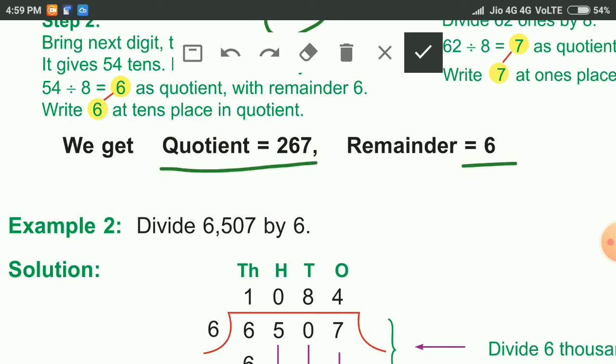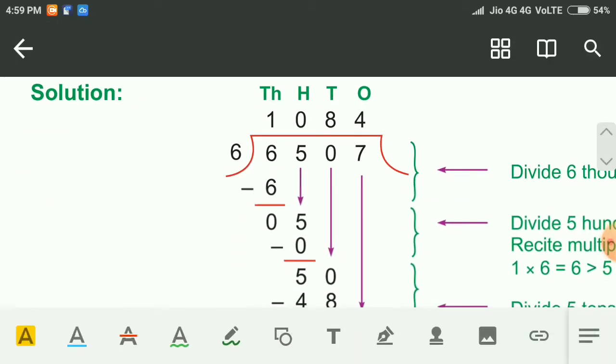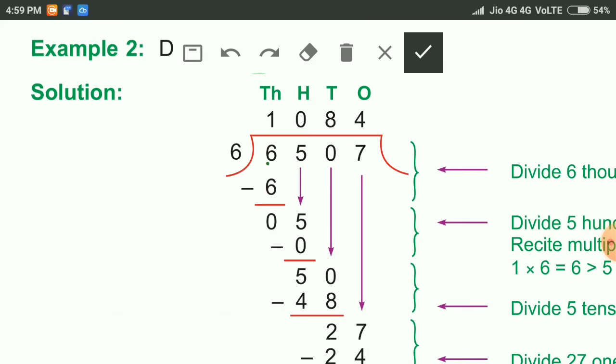Then we divide 6507 by 6. We write like this: 6507 and we divide it by 6. 6 1 6 and we get 0. We write here 5. We can't divide 5 by 6, so we write here 0.